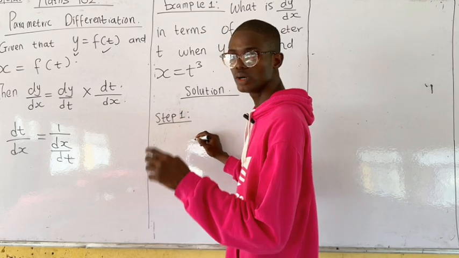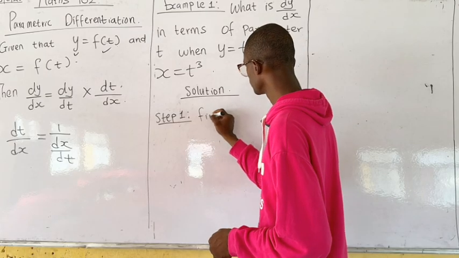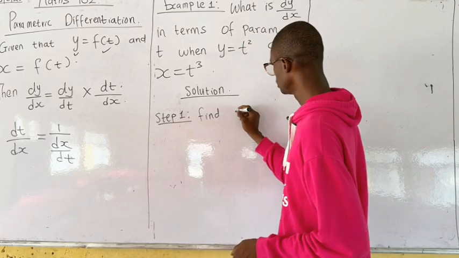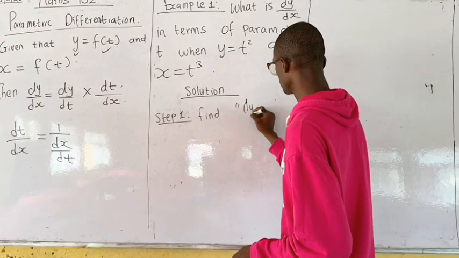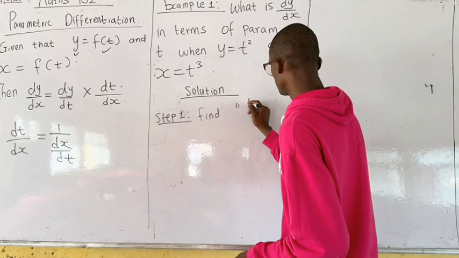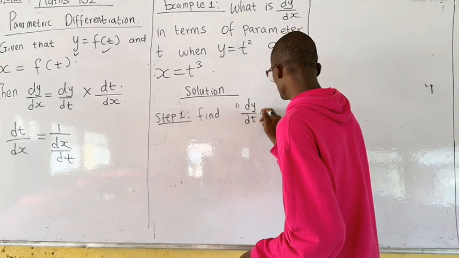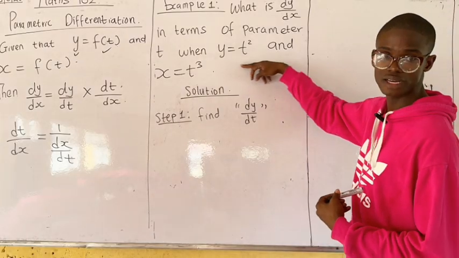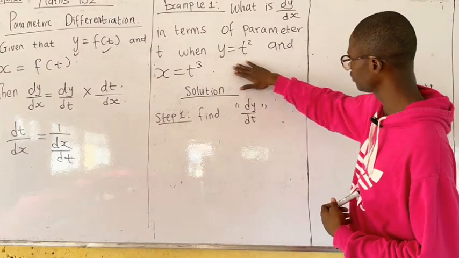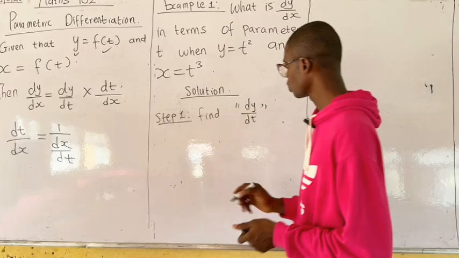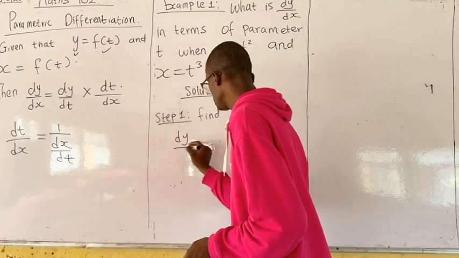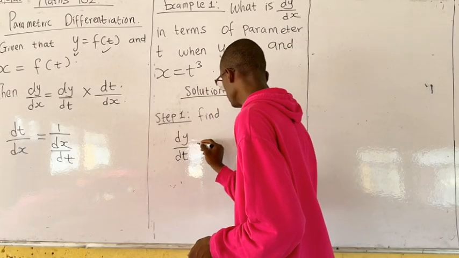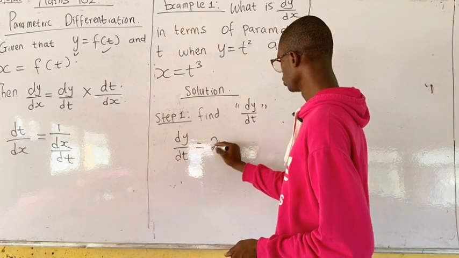Step 1: find dy/dt. We are given these values, so dy/dt will give you 2t.